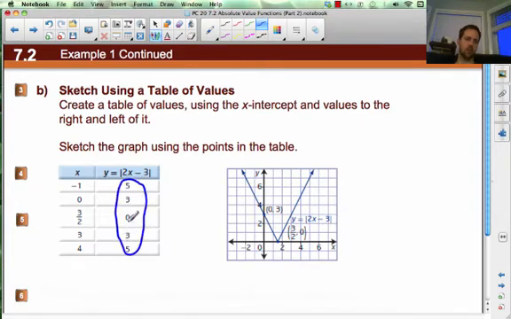And we have symmetry about 3 halves. So that's where you have your symmetry. And it's just your regular absolute value function, but moved 3 halves to the right, or 1.5 to the right.